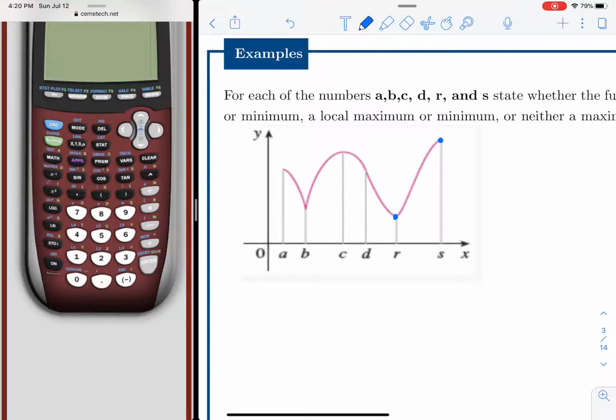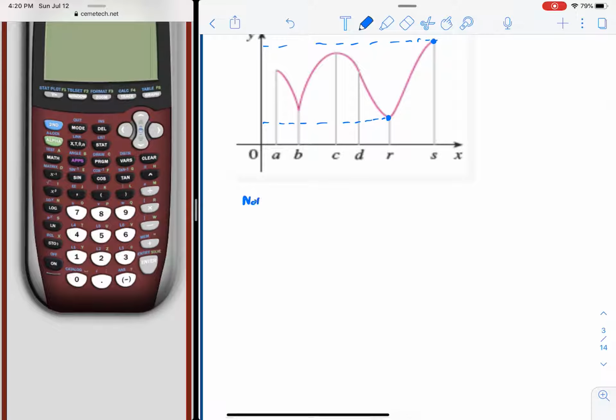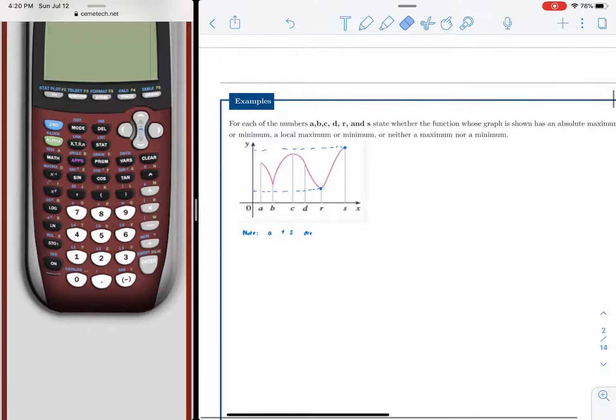So that is the lowest y value that I can see, and that is the largest y value that I can see. And you have to note that A and S are endpoints. That's where the function ends.